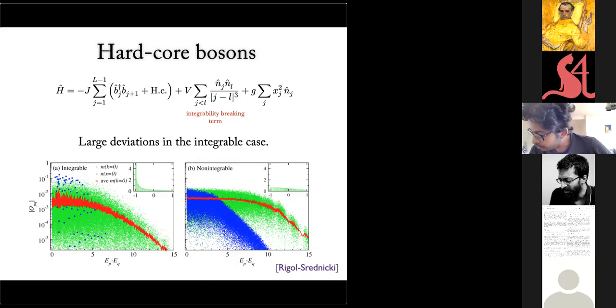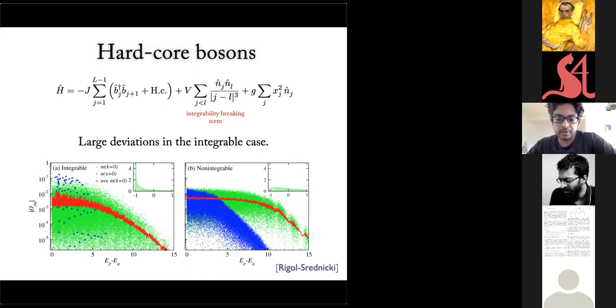And moreover, it may not be visible here, but what actually happens is that a large fraction of the off-diagonal elements are exactly zero in the integrable case, as opposed to the non-integrable case, where the off-diagonal elements are small, but most of them are non-zero. Because of selection rules in the integrable case, some of the off-diagonal elements are forced to be exactly zero, and some of the off-diagonal elements to be large.